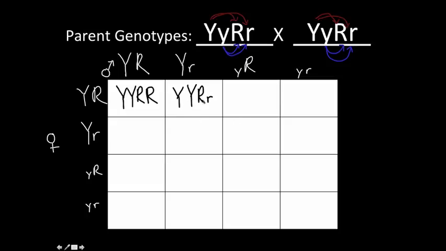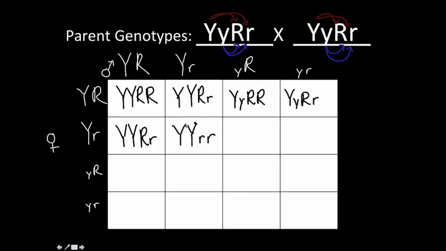So again, yellow and round, the offspring. Here we have big Y, big R, big R. And we just keep on going, so I'm going to pick up the pace a little bit. And here we have our first case of yellow and wrinkled instead.